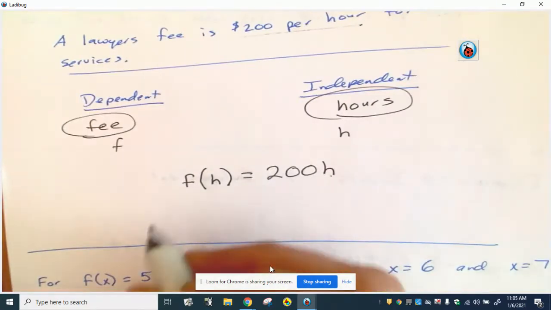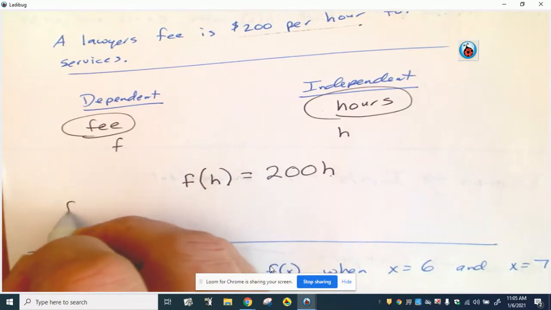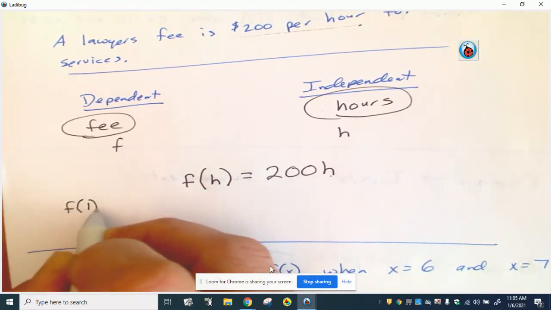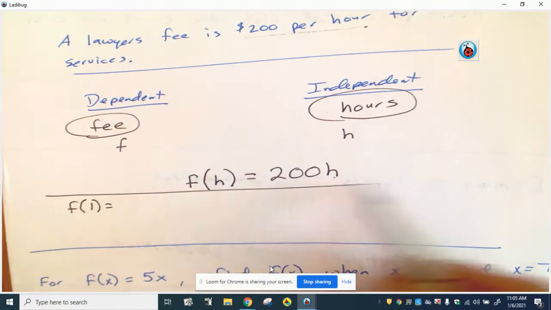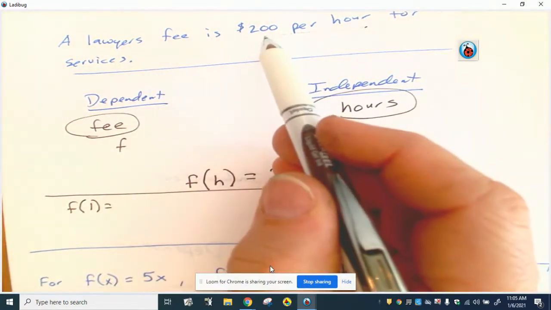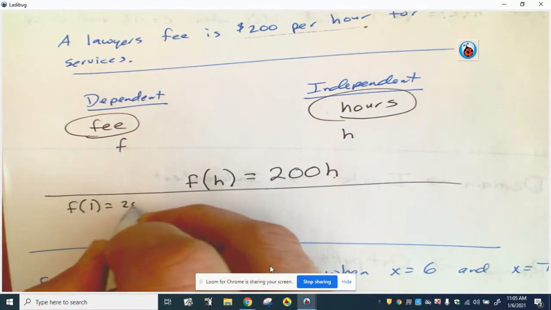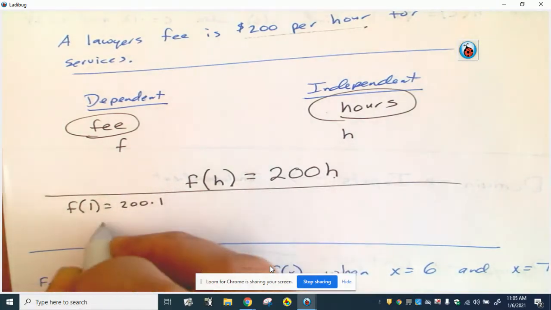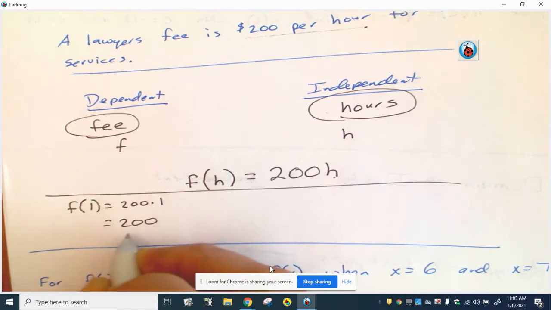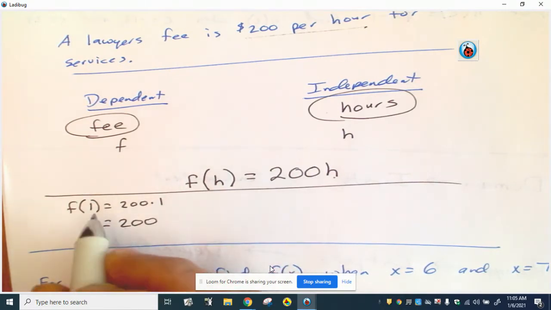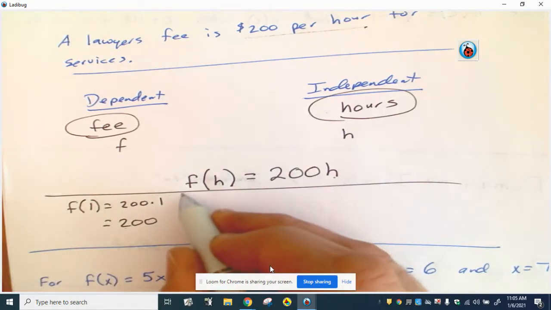So we can now plug in and find f of 1. That means we talked to the lawyer for 1 hour. We plug in a 1, 200 times 1 is $200. So the fee would be $200 for 1 hour of service.